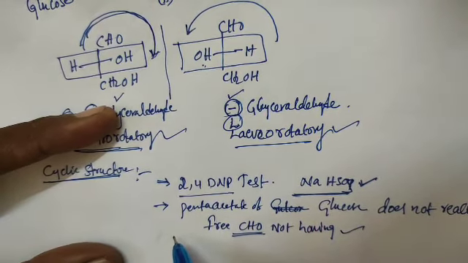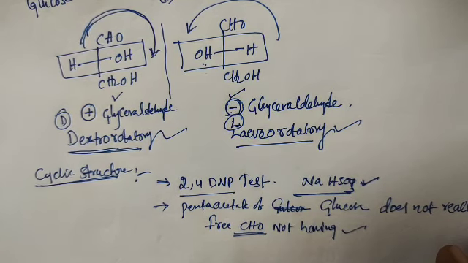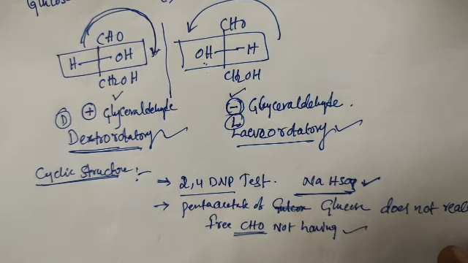Next, one more. Glucose is found to exist in 2 different crystalline forms, which are named alpha and beta.